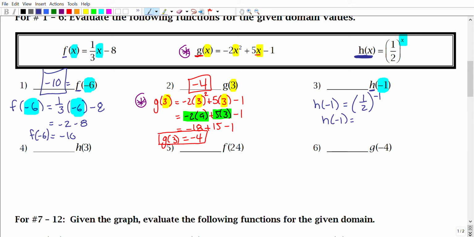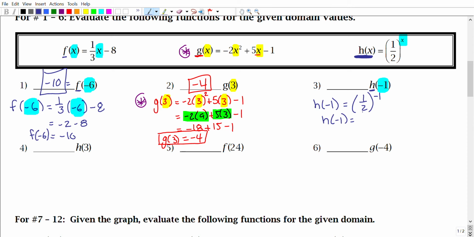Well, do you guys still remember this? 1/2 to the negative 1 power, whenever you raise something to the power of 1, it's the same number. So 1/2 to the 1 would just be 1/2. The difference here is that we have a negative 1, and all that means is that we have to take the reciprocal of that. So what's the reciprocal of 1/2?